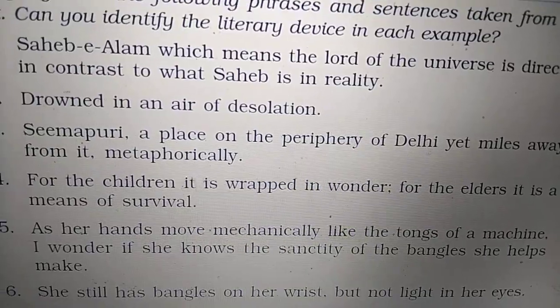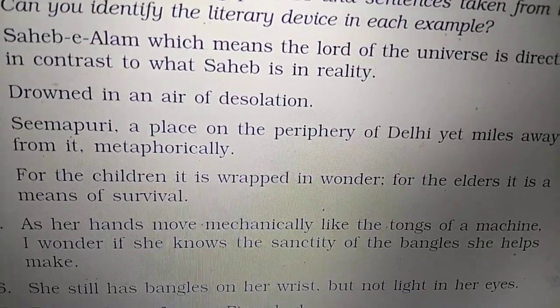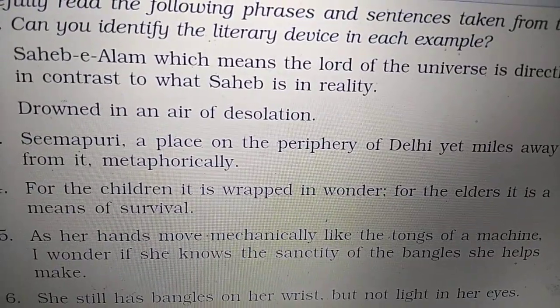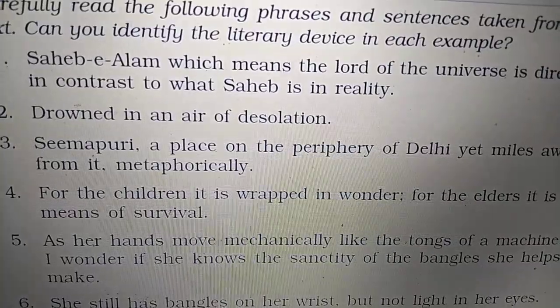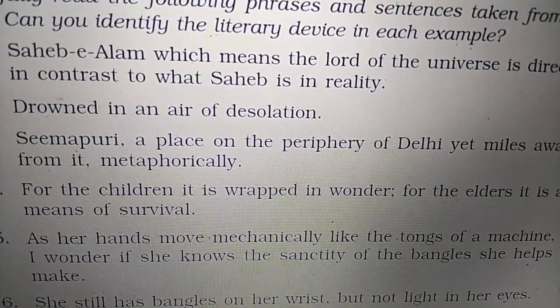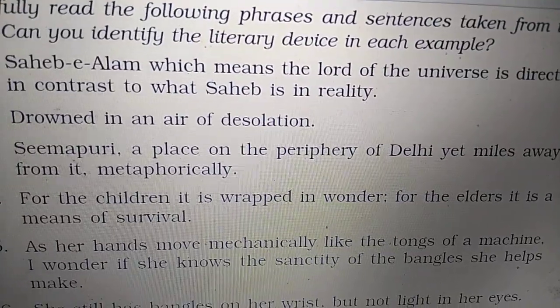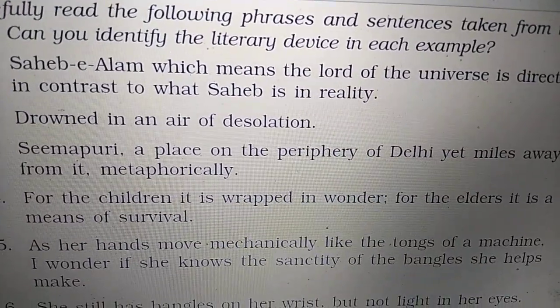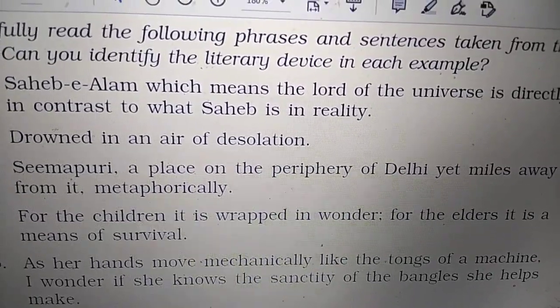Actually, Seemapuri is situated outside Delhi, and it is not miles away from it, but still the situation of the people of Seemapuri and the people of Delhi is quite different. So by using antithesis, the author has shown this difference.